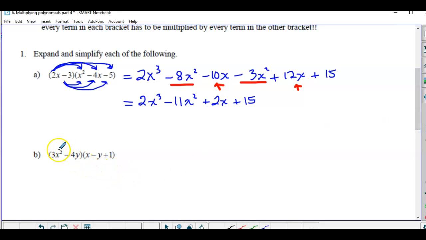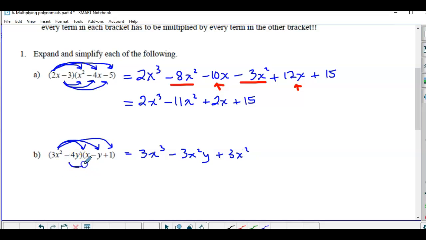Okay, next one we have x's and y's in here, so I'm going to show my 3 arrows there first. So 3x squared times x is 3x cubed. 3x squared times negative y is negative 3x squared y. And 3x squared times positive 1 is 3x squared, so plus 3x squared.